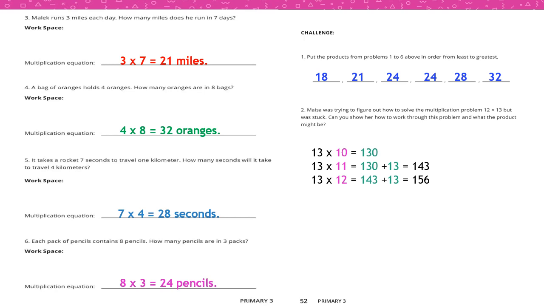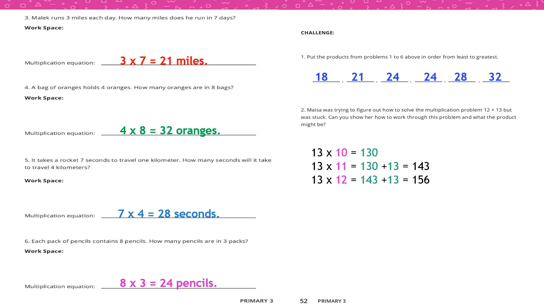If 13 times 10 equals 130, so in 13 times 11 we added another 13, so it will be 130 plus 13 equal what? 143. You can do it by putting ones and tens. You can count by any strategy. And now we found 13 times 11 equal 143.